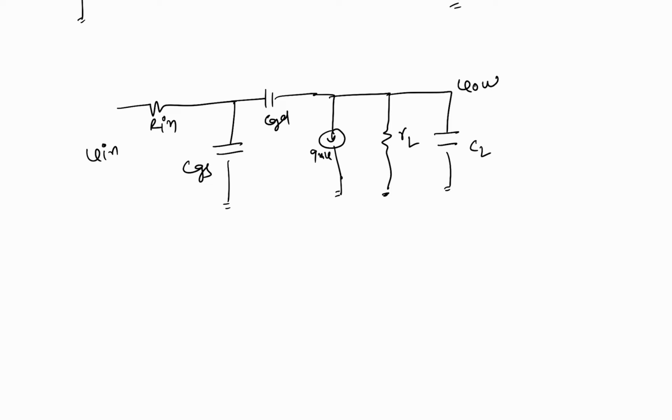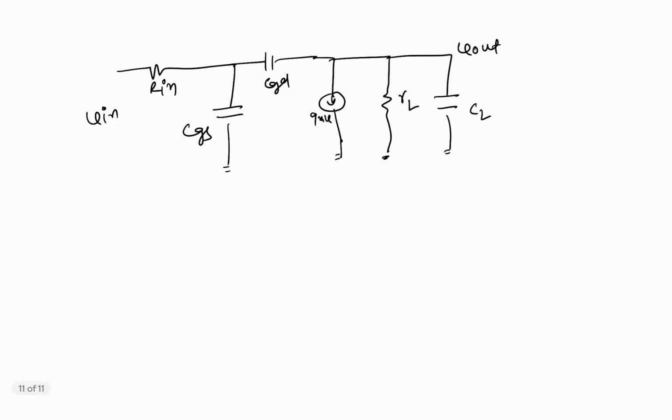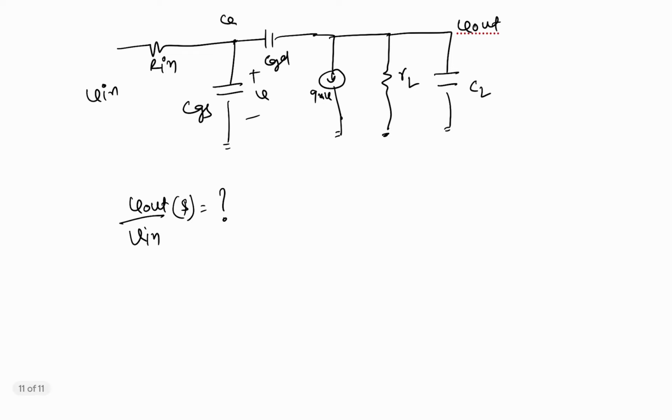Now we need to find V out and V in. Our basic plan is to find V out divided by V in in the frequency domain. This node voltage is V. Now we will write the equations.